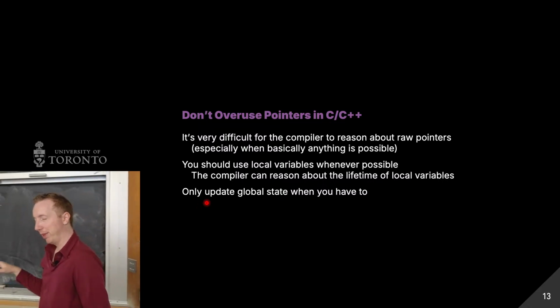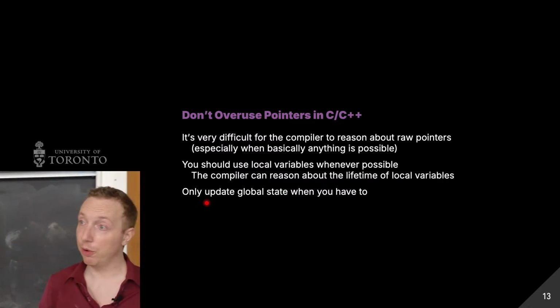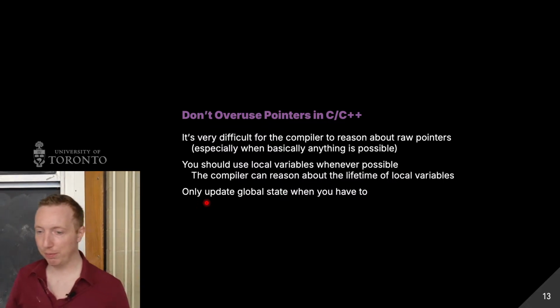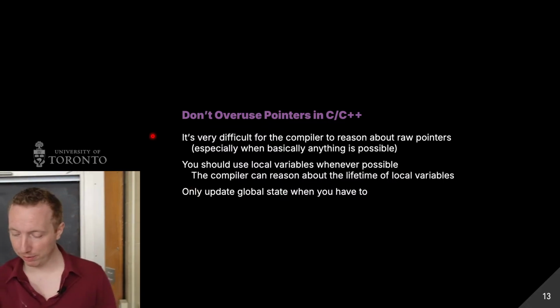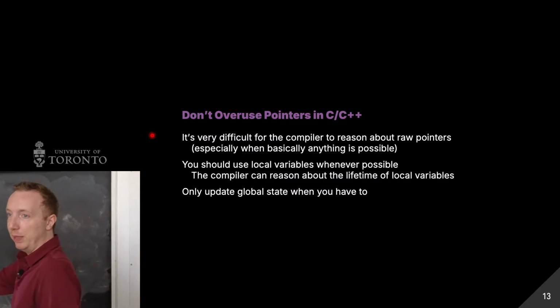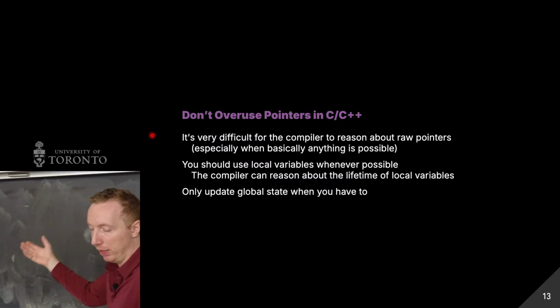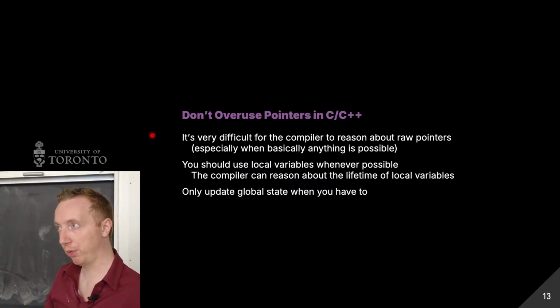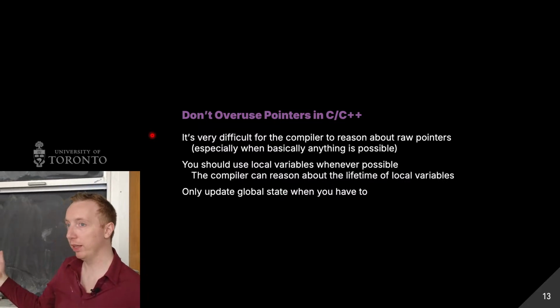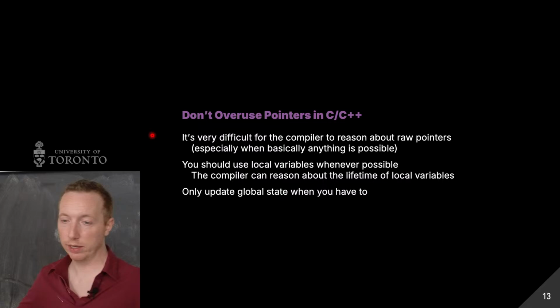A bigger takeaway from that part is also don't overuse pointers in C or C++. It's really difficult for the compiler to reason about raw pointers. That whole spiel I had before about aliasing and it not being able to create code that is completely optimized, because it doesn't know if two things point to the same data or not.